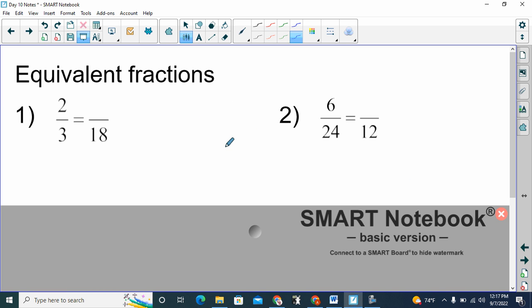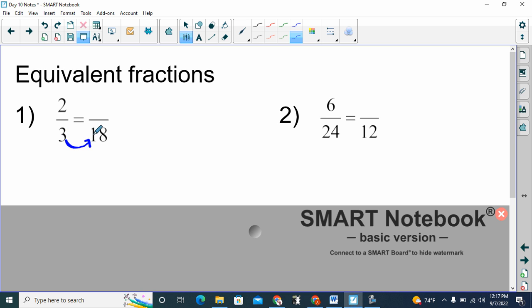The next type of problem is writing equivalent fractions. We're given 2 over 3 is the same thing as what over 18? What we want to think about is, what do I multiply 3 by to get here?